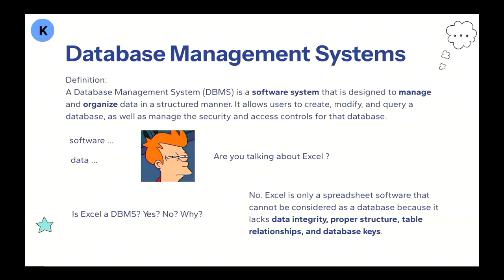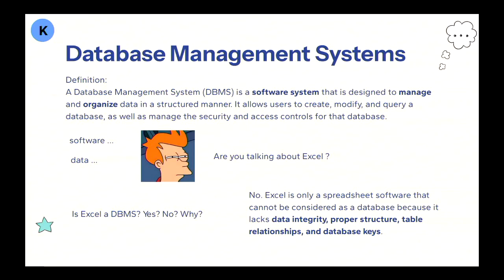You don't have constraints to limit what you can put inside a table, inside a cell of an Excel table, right? You can put in almost anything as far as you can key in and type in. So there's no data integrity check, and there's no proper structure for tables in Excel. You can almost put different types of data in one column.